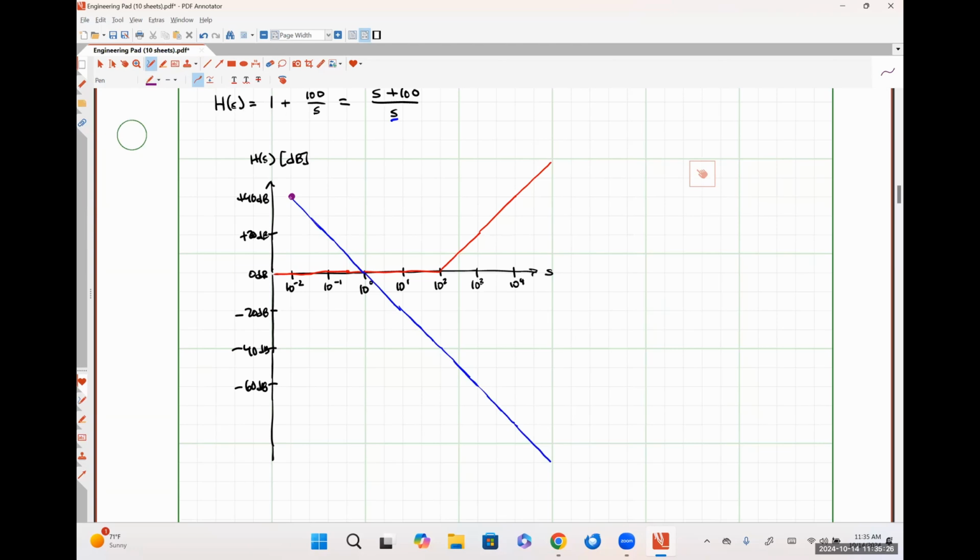Now let's look at 10 to the minus 1. So I have 20 dB plus 0 dB looks like 20 dB. Now let's go at 10 to the 0. 0 plus 0 is equal to 0. Now I have 0 plus -20, which looks like -20.